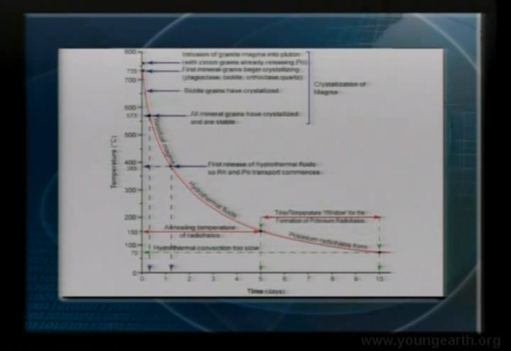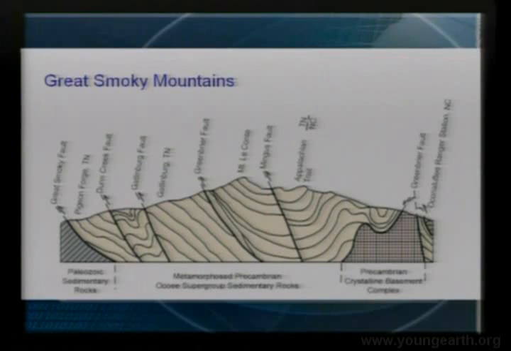The first release of the hydrothermal fluids, the hot water, is below 400 degrees, but the radiohalos that form from the transport by the hot water of radon and polonium will only form after the rock gets down to 150 degrees. So if the halos form within days, the granite also had to cool that rapidly, otherwise you wouldn't have sufficient radon and polonium left to form the halos. It will all have been washed out of the rock and decayed away.